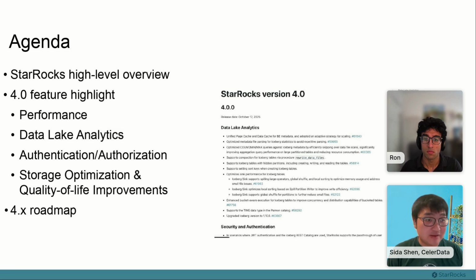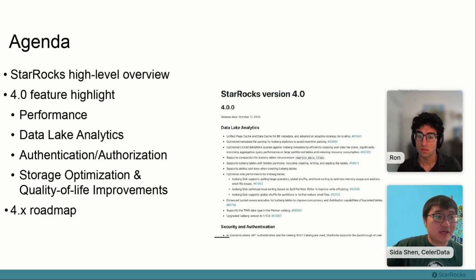And other types of quality of life improvements and even more types of workloads that StarRocks 4.0 supports now. And then we're going to talk about 4.x, beyond 4.0, the roadmap and where the project is heading, and what we're going to do in the near and long term. Okay, so let's get started.